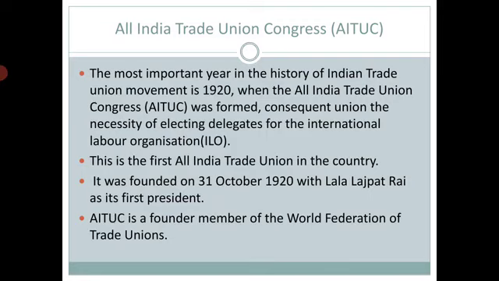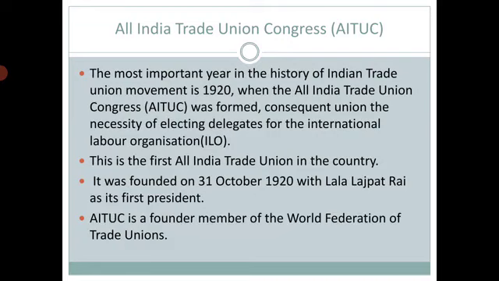Considering this itself, an association of people is formed, which is known as a trade union.